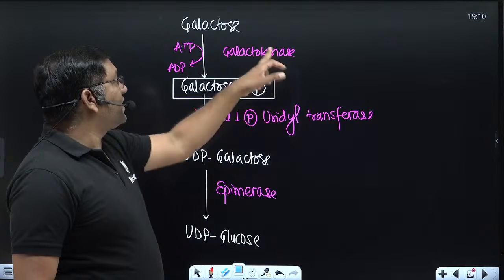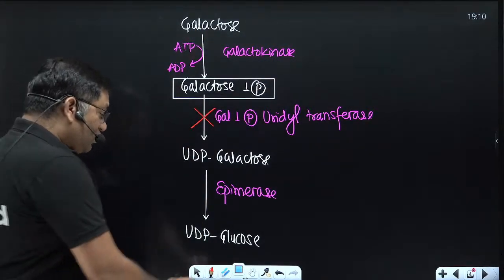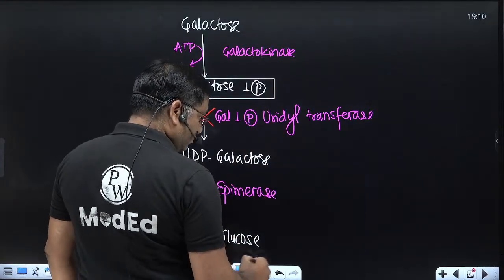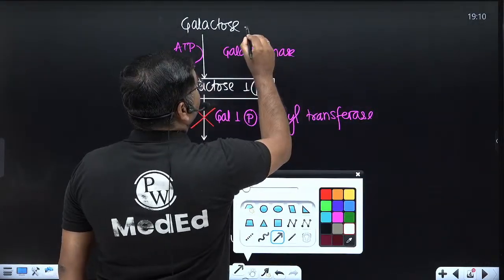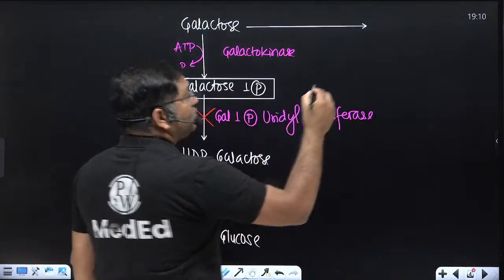Also, it inhibits the galactokinase enzyme. There is accumulation of galactose, which is diverted by the aldose reductase. This galactose is converted into galactitol.